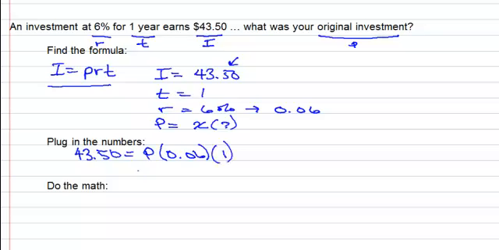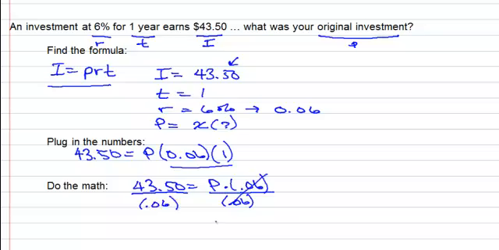So the first thing that we're going to do is the math, and we multiply what we can. So 0.06 times 1 is 0.06. And now we've got a variable with a constant. They're being multiplied, so we divide that out. We divide on one side, and we have to divide on the other side also.